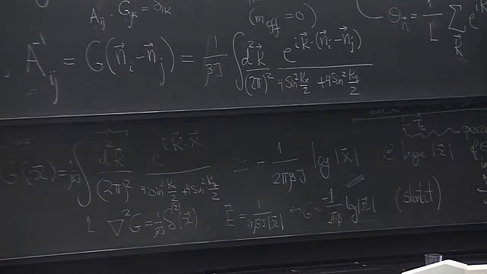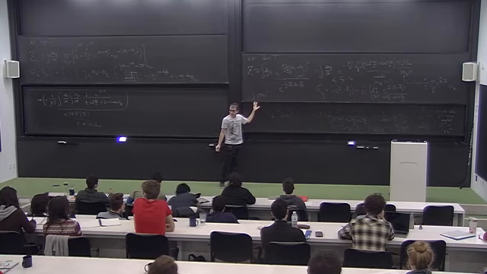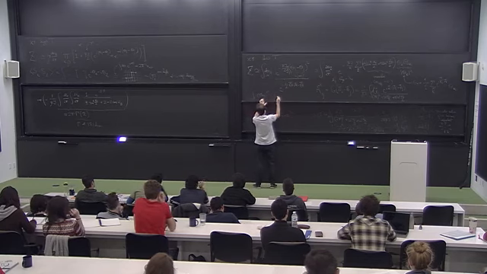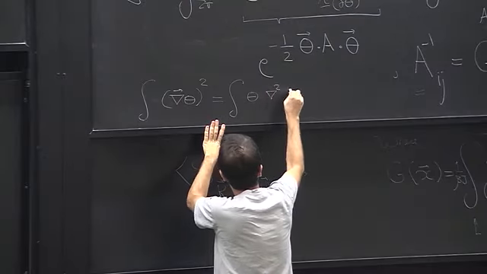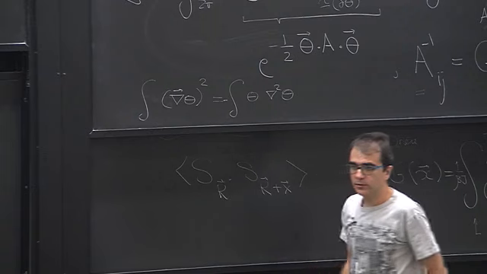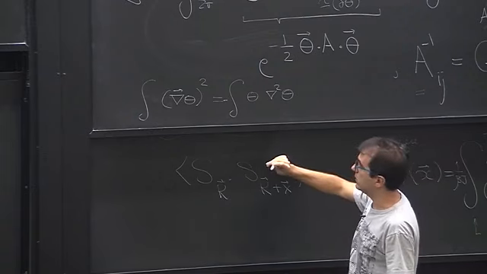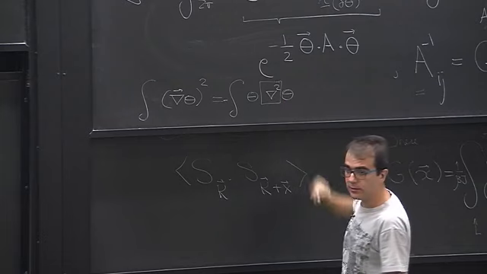Okay, so we would get the integral of, as you said, the gradient of theta squared, which is equal to the integral, integrating by parts, of theta Laplacian theta, up to a minus sign. And why do I like to write it in this way? Because in this way I recognize theta, a matrix, and then theta again.